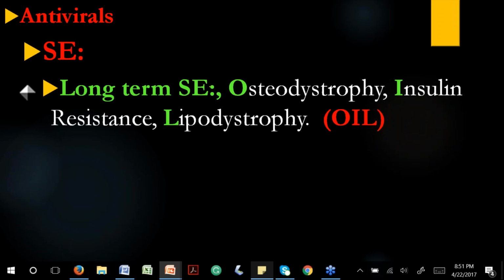What is osteoporosis? It is the demineralization of the bone. So that is one of the side effects in the long run of antivirals. Insulin resistance, so they can have signs and symptoms of diabetes mellitus. And lipodystrophy, where the appearance of the patient is going to change. So definitely there are going to be some nursing considerations about the lipodystrophy.